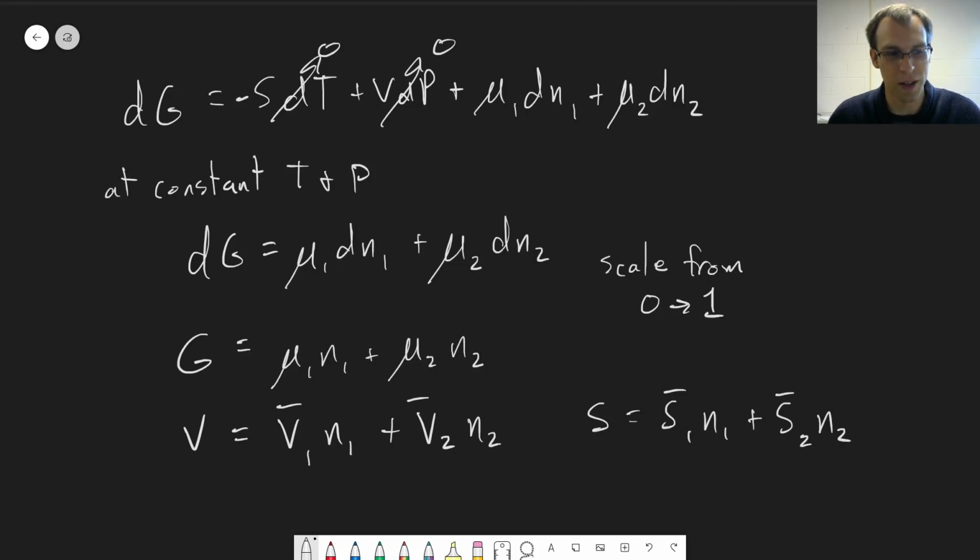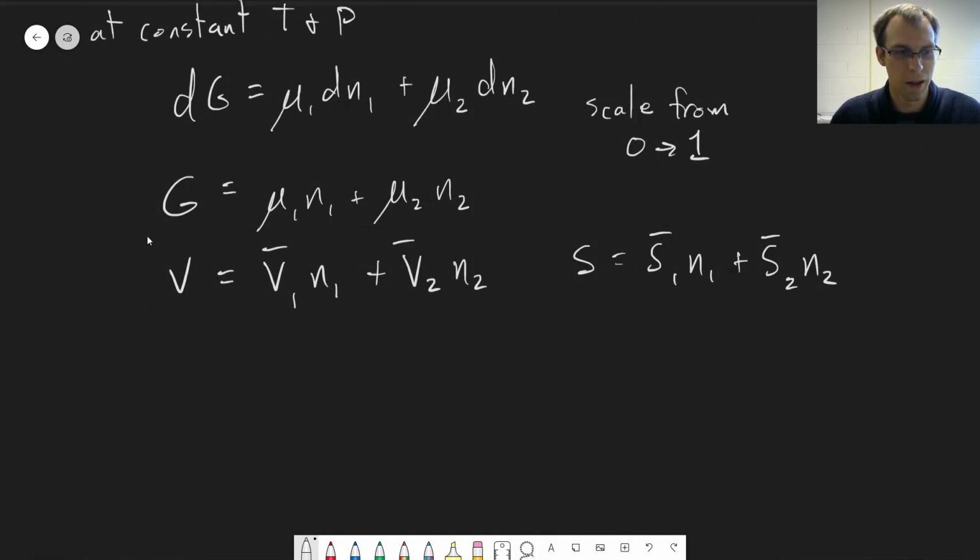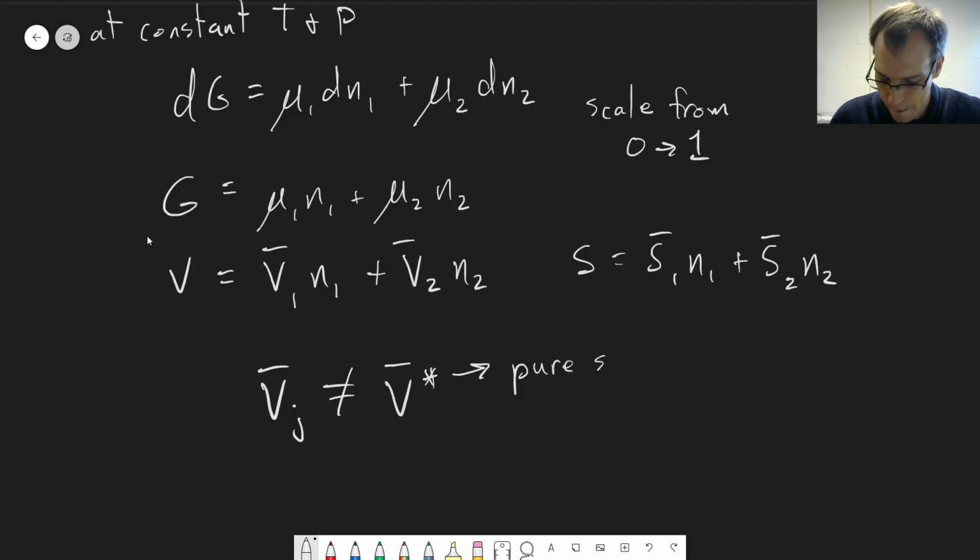So for a single component, you have a very similar equation. But the key thing here, and why we have to use equations like this, is that if we have a partial molar volume for a substance J, it is not the same as the molar volume, and we'll start using the star notation here to mean the pure substance.